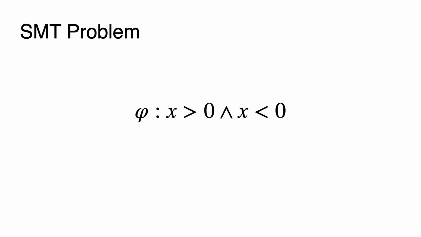Given a first-order logic formula phi, for example, x greater than 0 and x less than 0, the SMT problem is to answer whether we could find an assignment for the variables in the formula that makes the formula become true. If we find such an assignment, the formula is satisfiable.